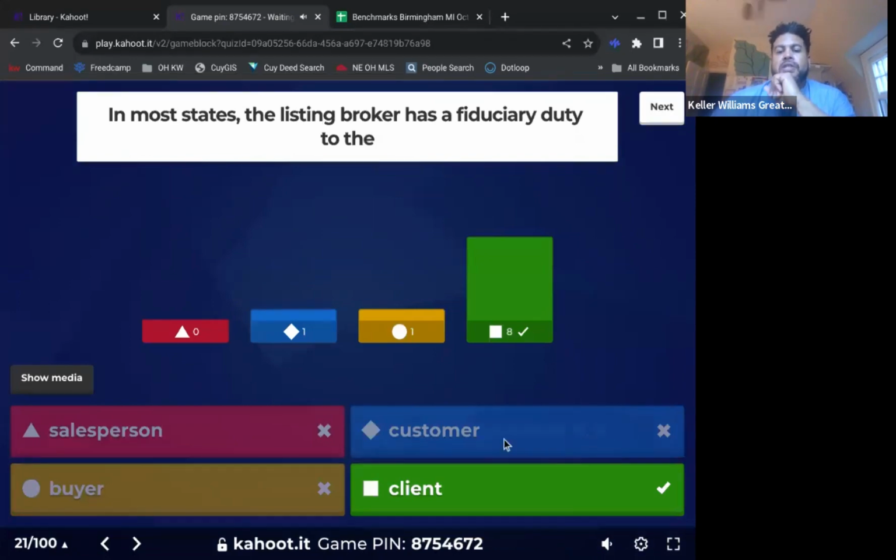The fiduciary duty is never to the customer. A customer is not a client. So a customer does not have an agency relationship with the broker. And same thing with the buyer. If it's the listing broker, they're working with the seller. So remember, listing broker means they're working with the seller. So their fiduciary responsibility in this term would be the client, not the buyer, the customer.